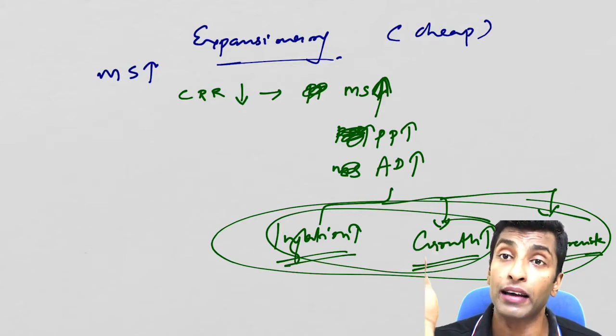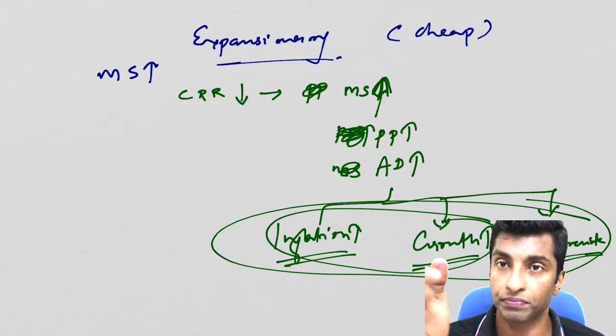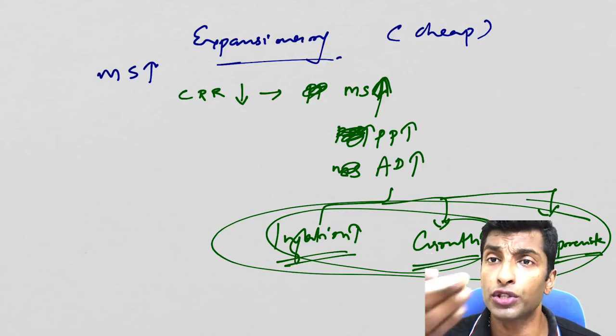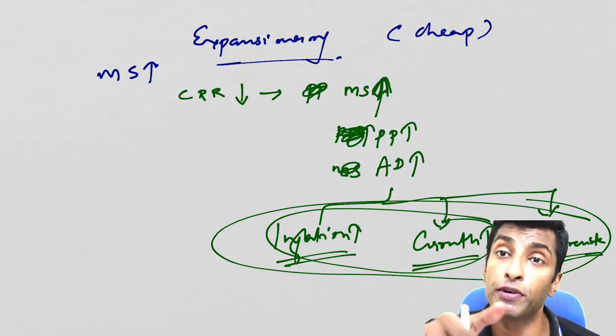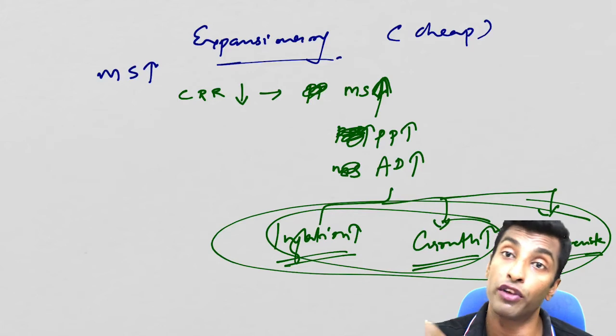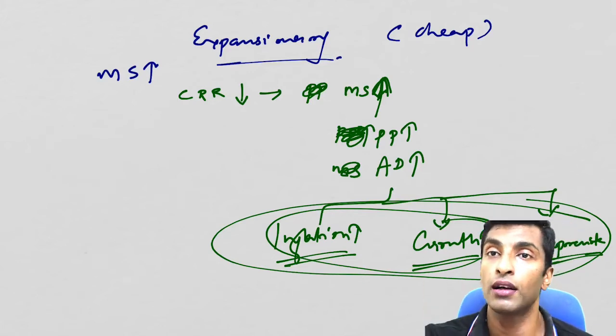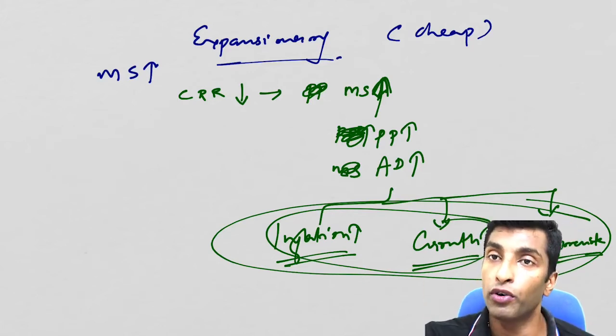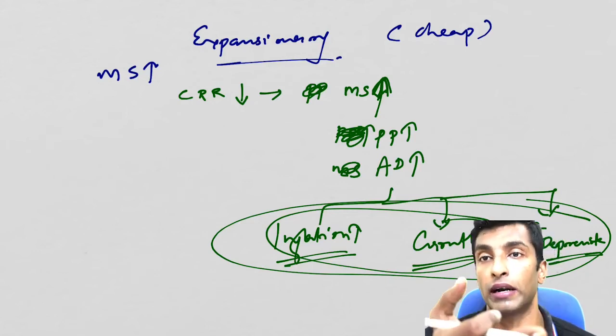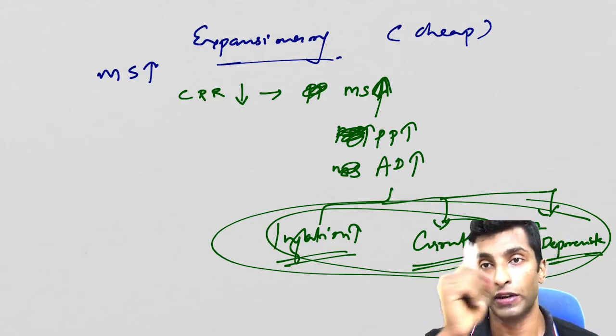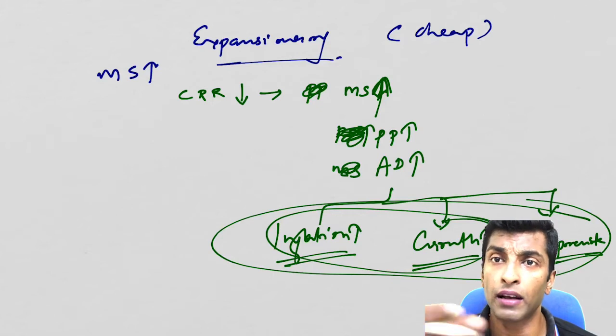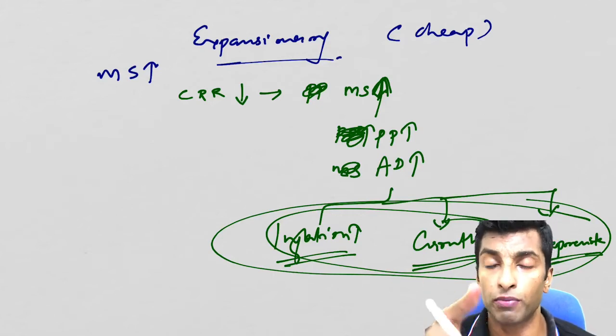Bank rate will decrease. Bank rate decrease means cost of borrowing from RBI will become cheaper for the banks. Then cost of borrowing from banks will become cheaper for the people. So people will borrow more, more money supply leads to growth, but inflation. Repo, same thing. Cost of borrowing from Reserve Bank will be cheaper for banks.